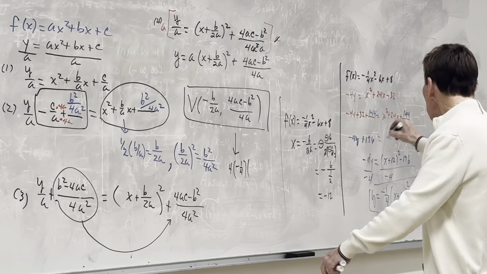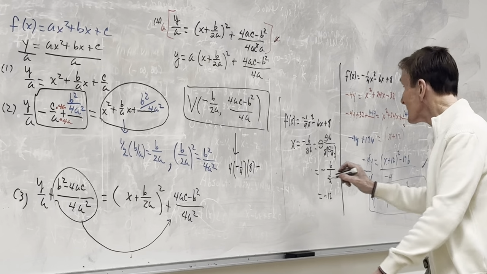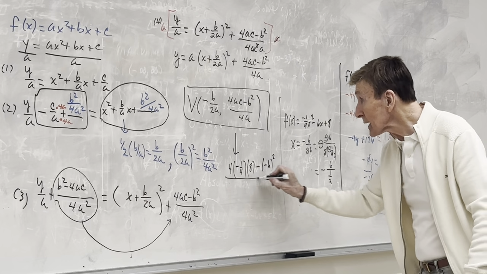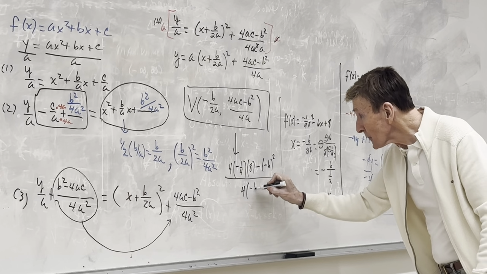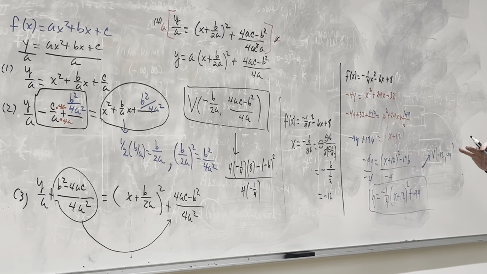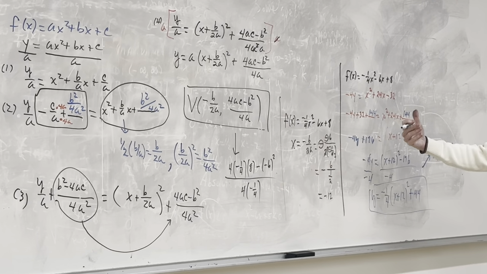C on the end was 8. Subtract b squared, negative 6 squared. You can also make sure I have all this put in there correctly. Over 4 times a, 4 times a negative 1/4. Did I put all my numbers in correctly, from here into here, yes or no?